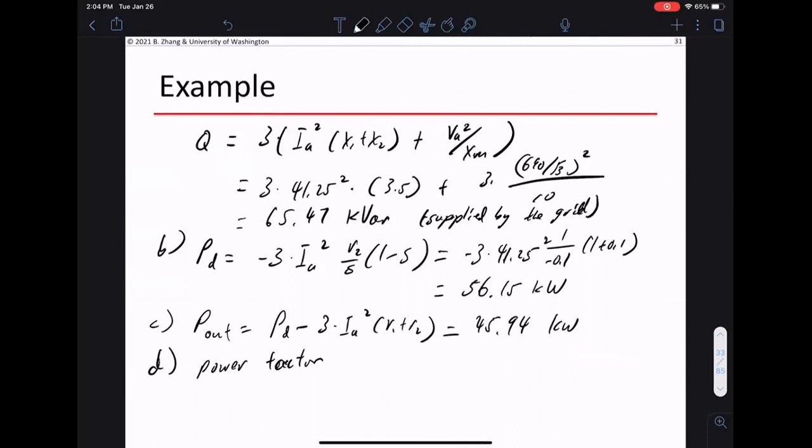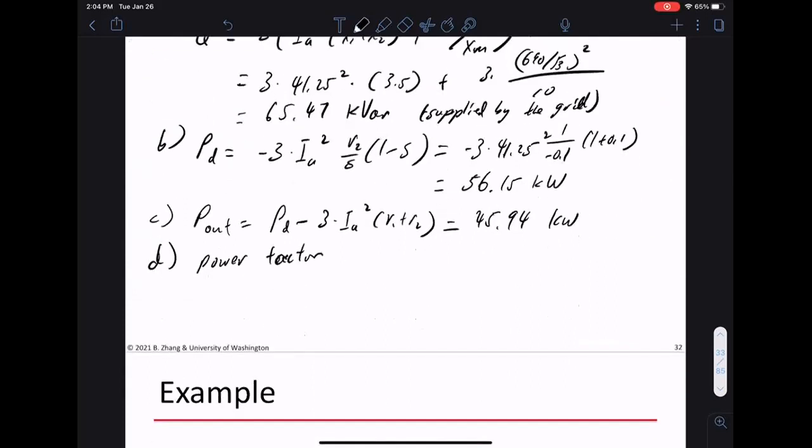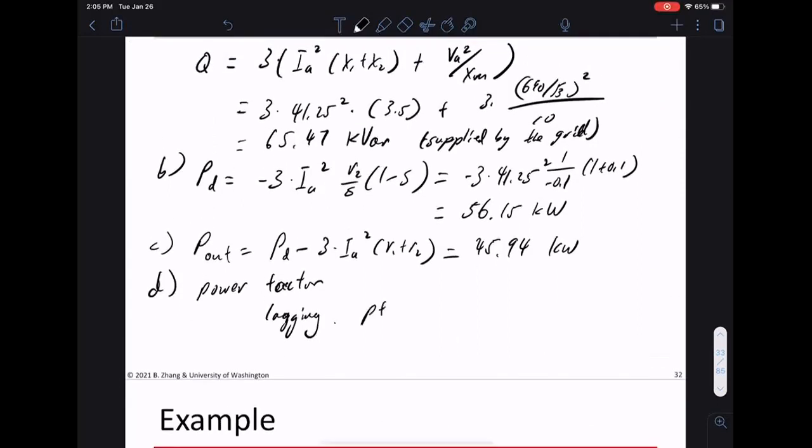So if you look at the power factor, this is a lagging power factor, because you have a negative sign on the Q. And this is power factor as the cosine of the tangent inverse of Q over P. And this is 0.574. So you have a lagging power factor because your generator is consuming reactive power. There's no way you can get reactive power out of this generator, right?